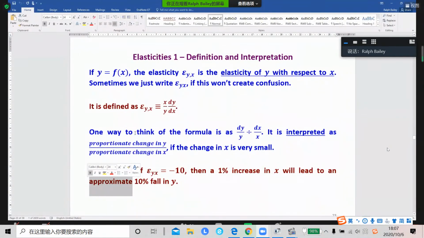If we replace 1% by 0.1%, then the fall in y would be approximately 1%, but the approximation gets better and better because it's based on the small increment formula. The better and better, the smaller the percentage increase.